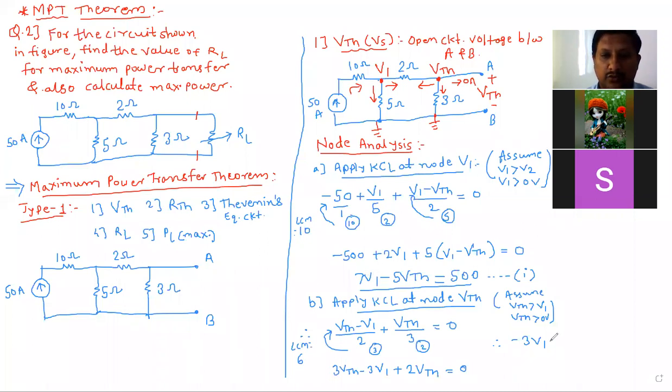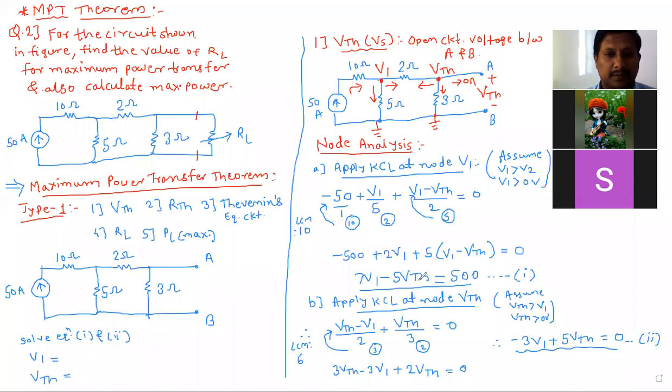Next 3 VTH plus 2 VTH, that is 5 VTH is equal to 0. So this equation you can take as the second equation. So solve these two equations and tell me the answer. Solve equation 1 and 2 and tell me the answer of V1 and VTH.